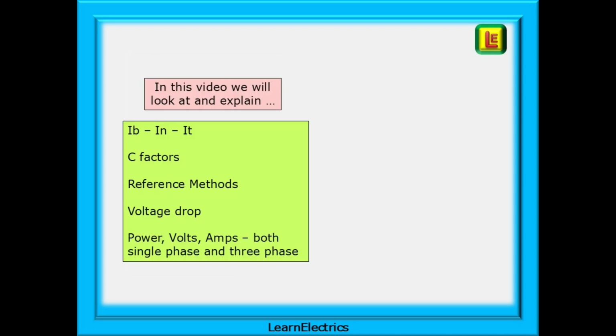In this video, we will look at and explain a number of important items related to cable size selection, such as the relationship between IB, IN and IT, C factors, reference methods and voltage drop, and power, volts and amps, both single phase and three phase.